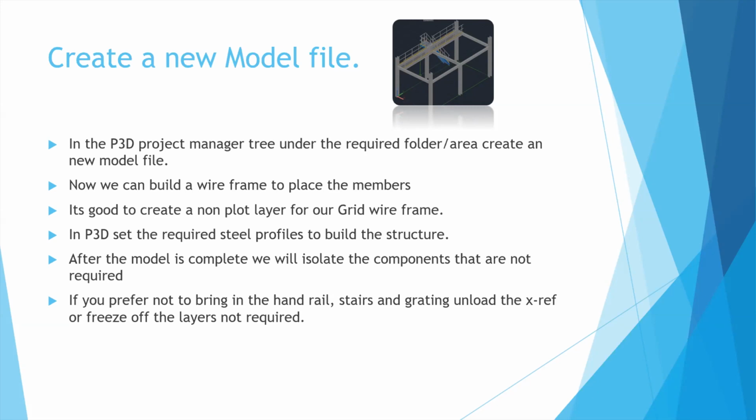So you'll need to obviously pick out the bits and pieces if you haven't used the steel structural part of Plant 3D before. It's pretty easy to use. After the model is complete, we'll isolate the components that are not required.